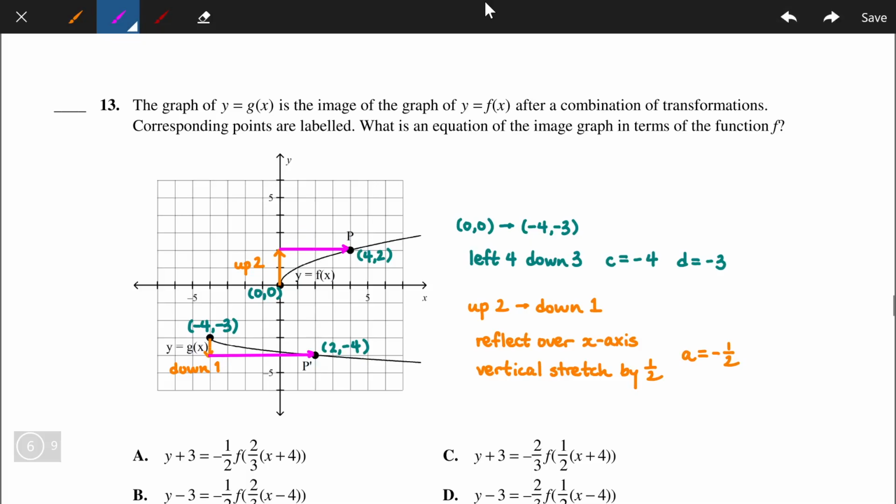So right 4, and here right 6. Right 4 becoming right 6. That must have been a horizontal stretch by 3/2.